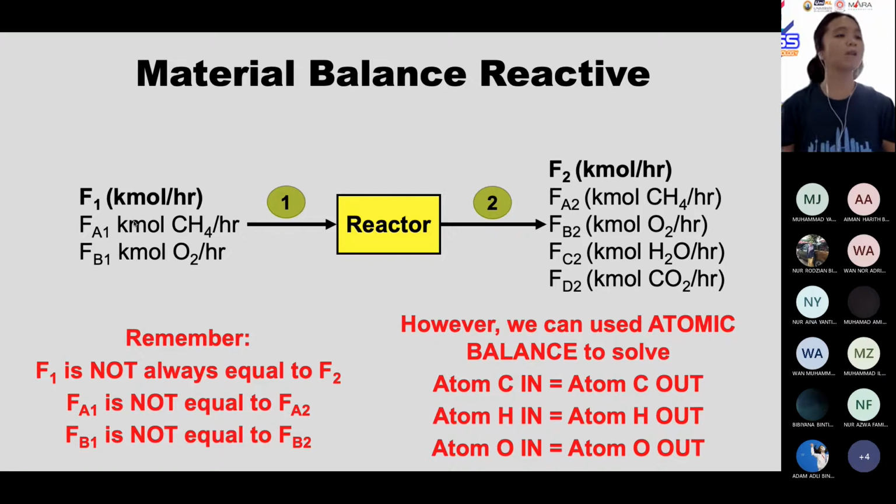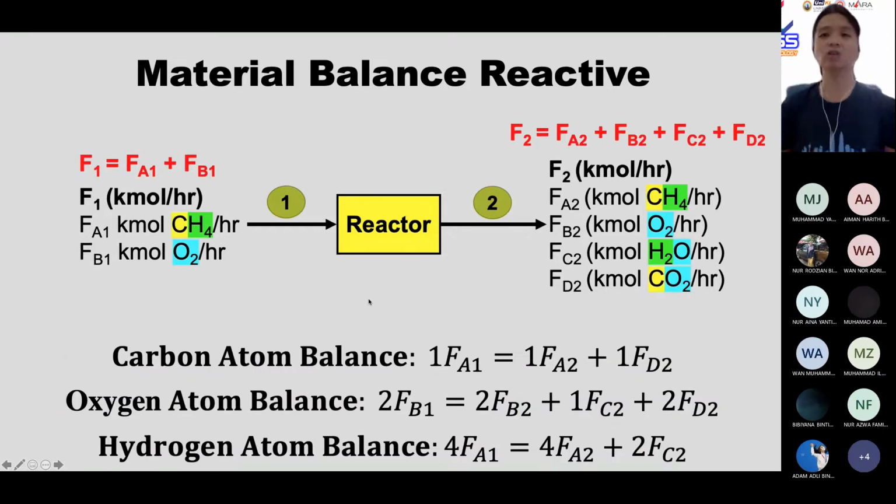Okay. Right. So now you might ask me, how do we do the balance? Okay, so like I said, the balance is called the atomic balance. You can do the atomic balance on all types of atom that exist in your system. For example in my case here, for my reactor, I have 3 types of atom: carbon, hydrogen, oxygen.